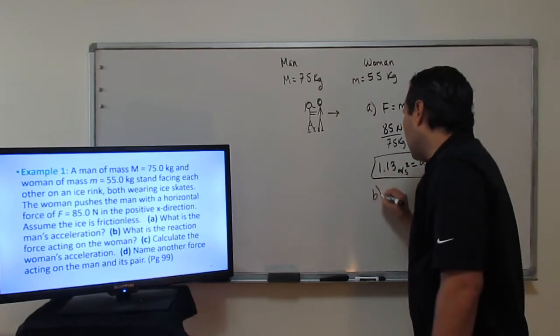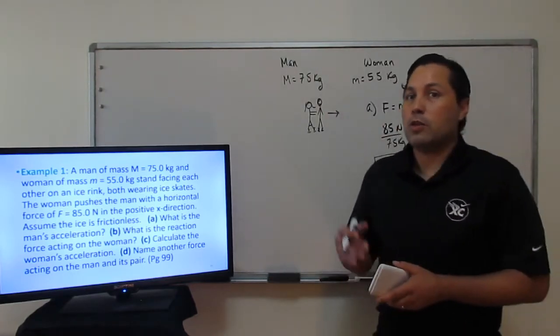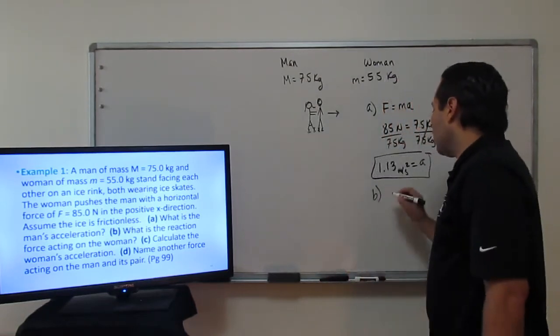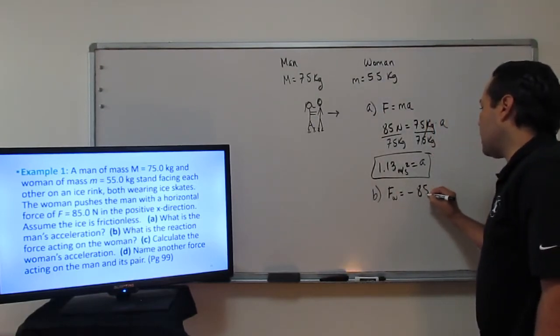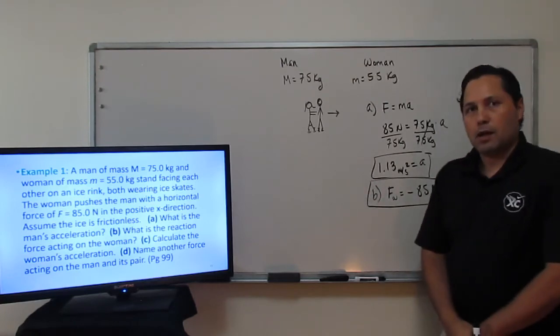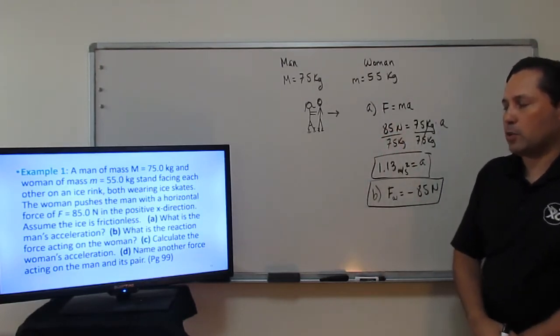So how much is she going to receive? According to Newton's third law, the same magnitude, 85 newtons, but opposite in direction. So the force on the woman is going to be negative 85 newtons. That'll be the answer for part B, because it's the same magnitude, 85 newtons, but in the opposite direction.